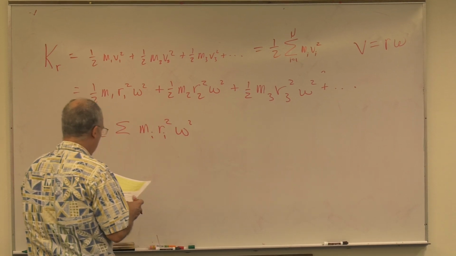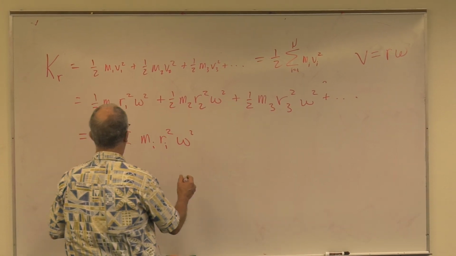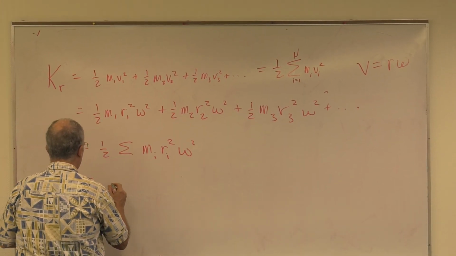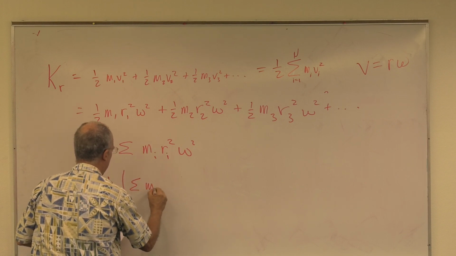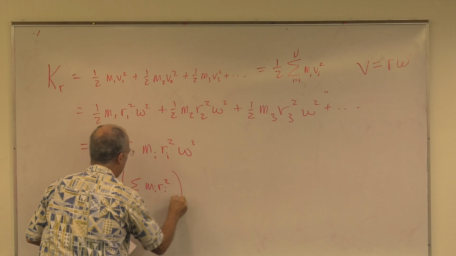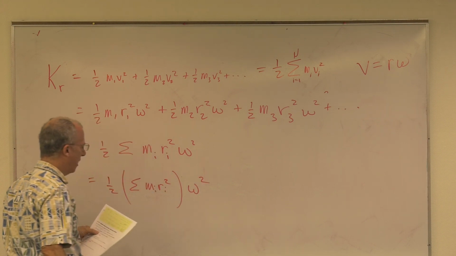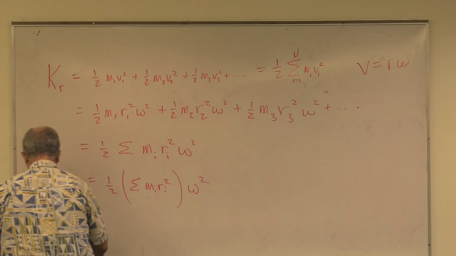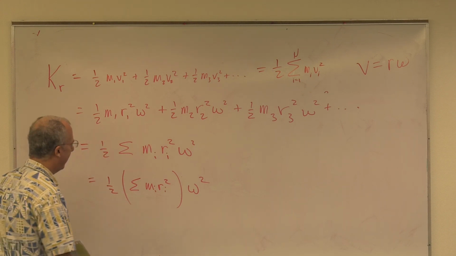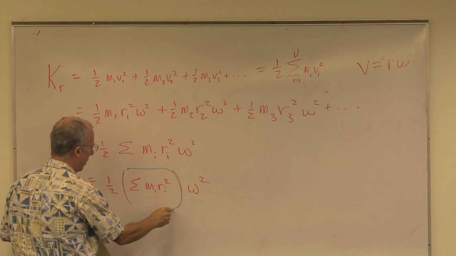Okay, I'm going to write this a little differently. I'm going to write this as 1/2 parentheses sum mi ri squared, close parentheses, omega squared. All right, that doesn't hurt anything. Now, wait a minute. If you've been paying attention, what is this?